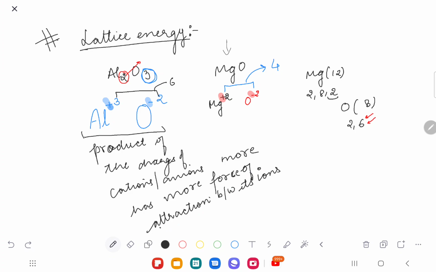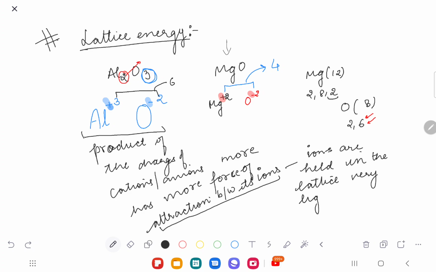And more force of attraction would mean what, Mark? That the ions are held very, very tightly. Yes or no? Ions are held in the lattice very tightly.